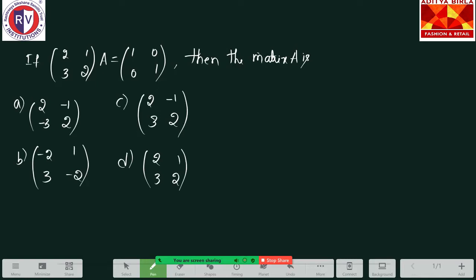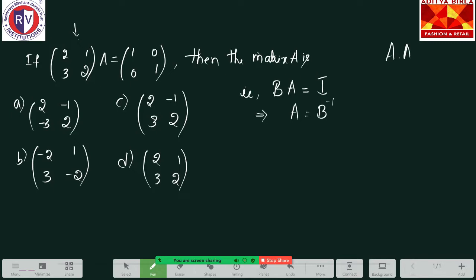So here it is given that, let us call this matrix as B. That is, what is given here is B into this matrix is equal to I. So B into the matrix A is an identity matrix. So A will be equal to B inverse. You know the property, right?